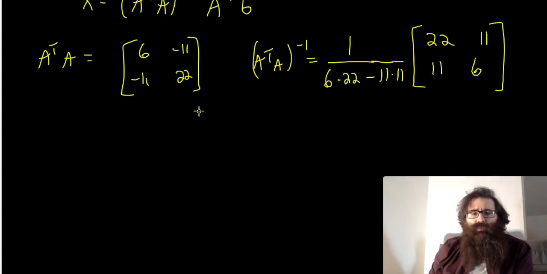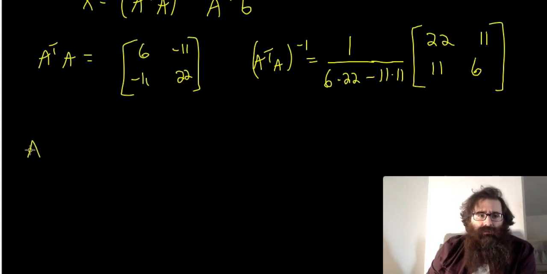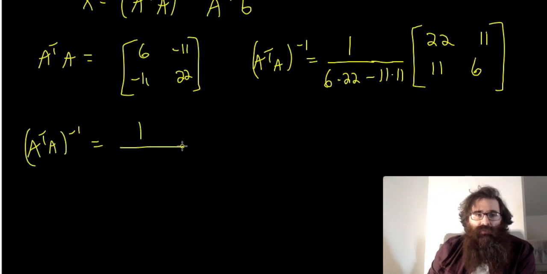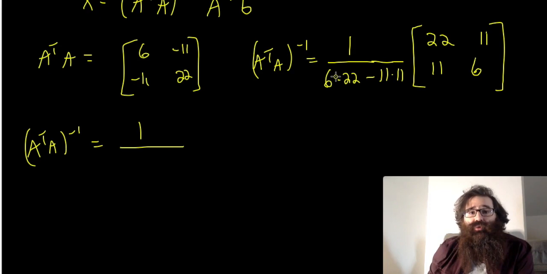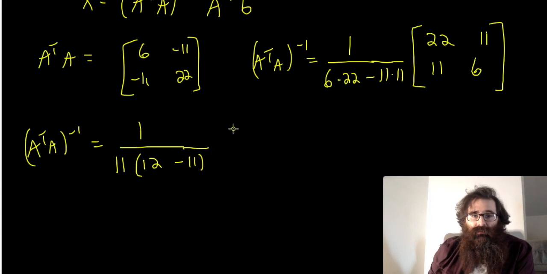Now let me see if I can do some more work with this inverse. So A transpose A's inverse. I have 1 over, and what I can do is factor an 11 out, right? 22 has an 11, and 11 times 11 has an 11. So if I factor an 11 out, I'm left with 6 times 2, which is actually 12, minus 1 times 11.